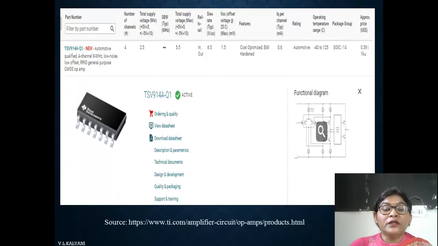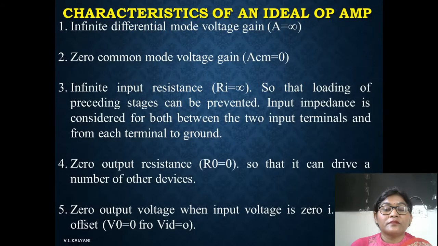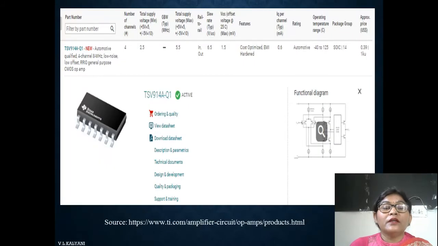So this is the data sheet provided by the manufacturer, that is TI.com, and this is the IC, that is TSV914. These are the number of channels. Total supply voltage is plus minus 5 volt.